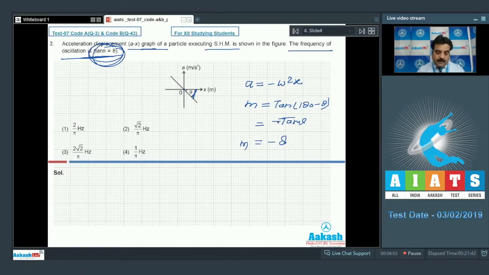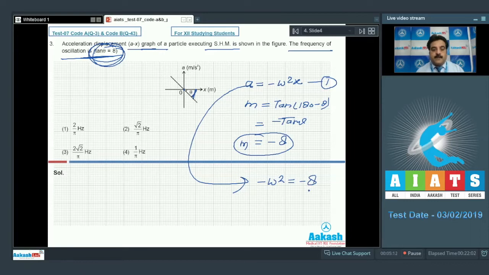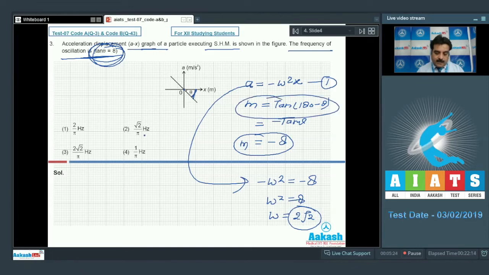Now if I place the value in equation number 1, because this is the slope, I can say the value of m is minus 8. If I compare, we can say minus omega square is equal to minus 8, right? So omega square is equal to 8 and omega is equal to 2 root 2, because this is the slope of the line.